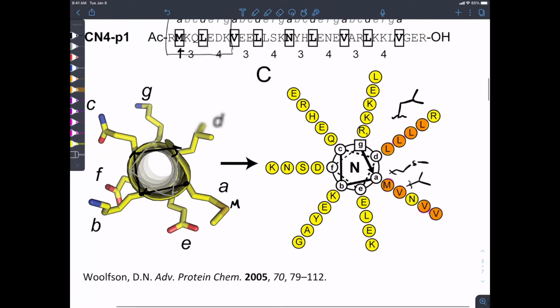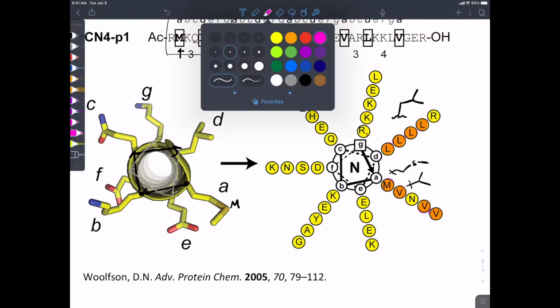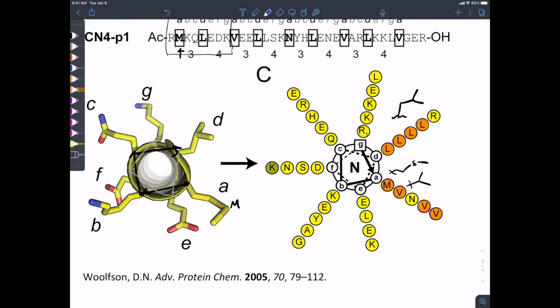So you've got nonpolar amino acids here, and then if you look at the other positions, you should be seeing some different kinds of polar amino acids. So let's label in blue the cationic ones. You've got positive charges here and here. And then in, let's say, red, we'll label the negatively charged ones, except that red looks a lot like what we did for the nonpolar ones.